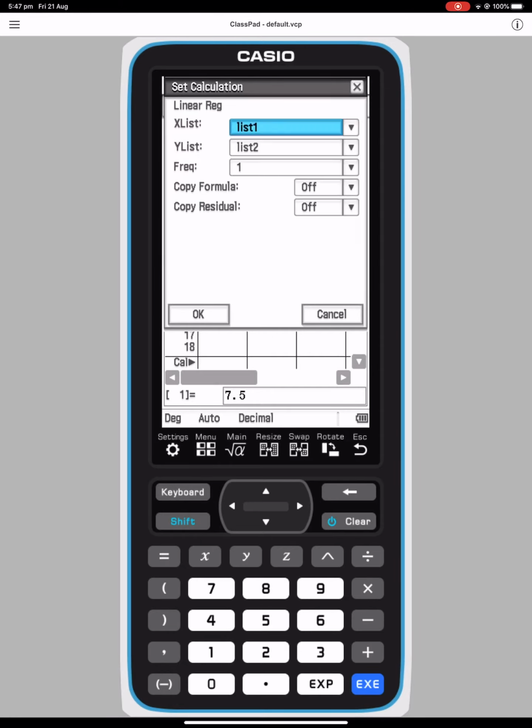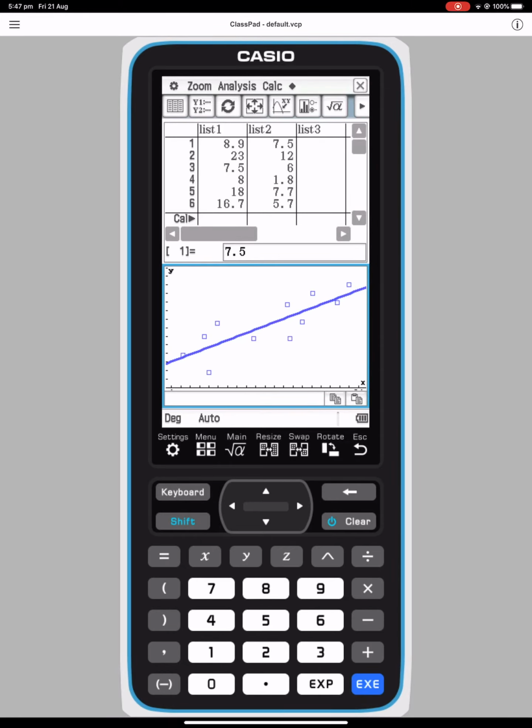If I press OK, automatically I should have a lovely little scatter plot appear, and it's got your least squares regression line already in. So it shows you what it should look like on your scatter plot there. All right.